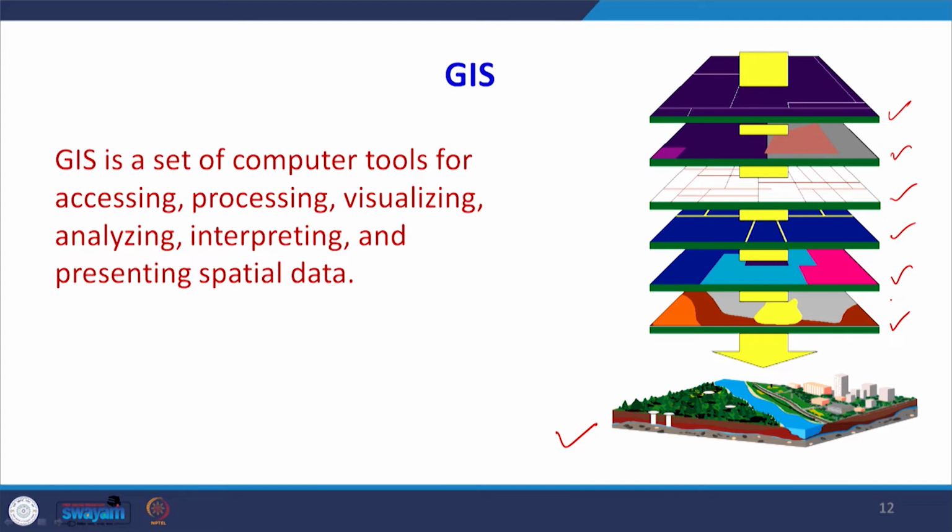So any pixel on the map will represent the actual geographical location of that pixel on the ground. So we are using this set of information to carry out the analysis, to carry out the visualizing of the information, or presenting the spatial data output, or creating some kind of a database for future use.